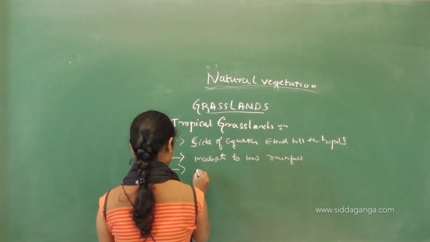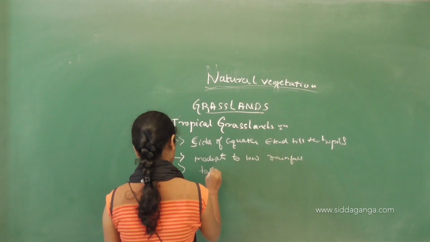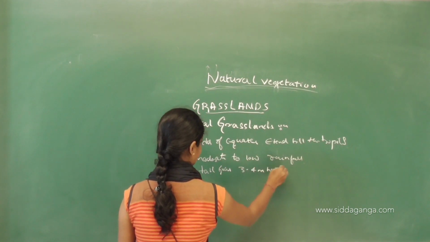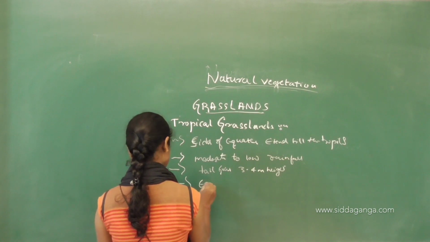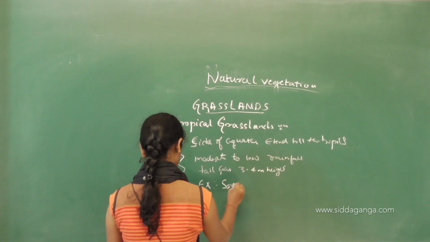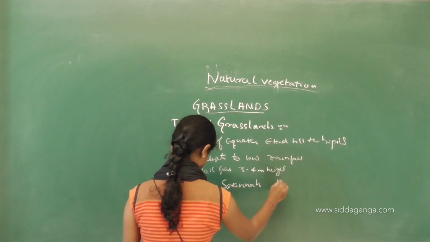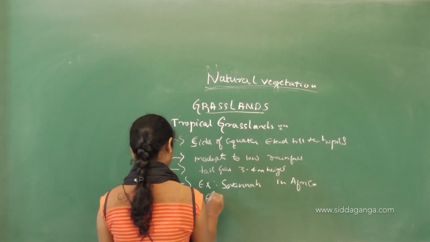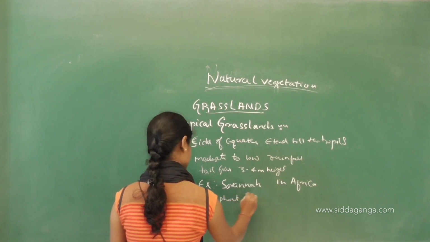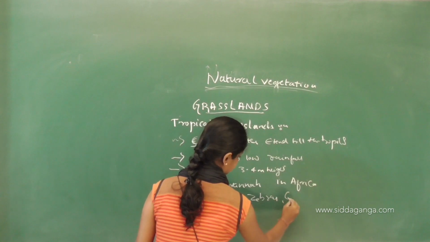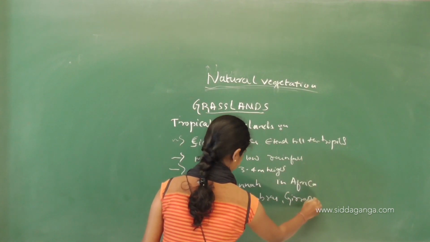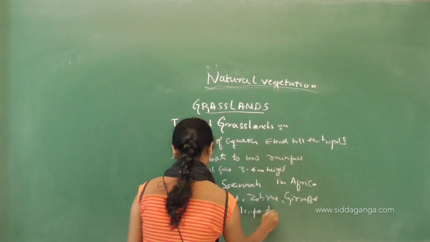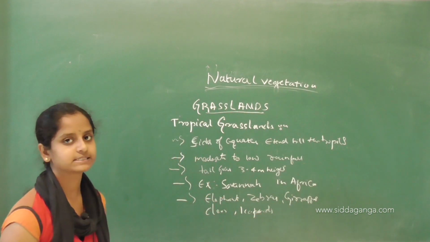Grass can grow very tall, about 3 to 4 meters in height. An example is the savanna grassland in Africa, and elephants, zebras, giraffes, deer, leopards are common in these tropical grasslands.